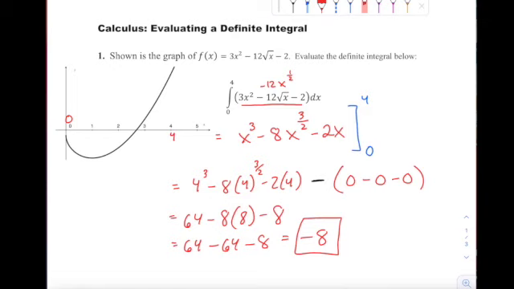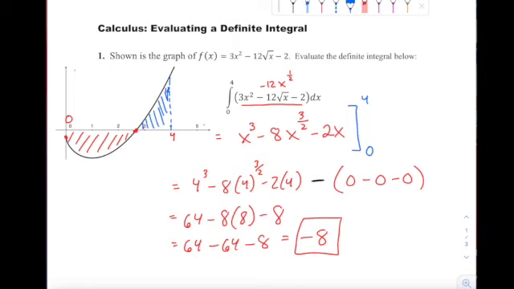The area right off the bat here, the area between 0 and whatever this x-intercept is, is below the x-axis, so that has a negative value.